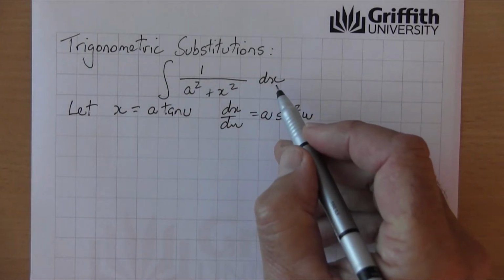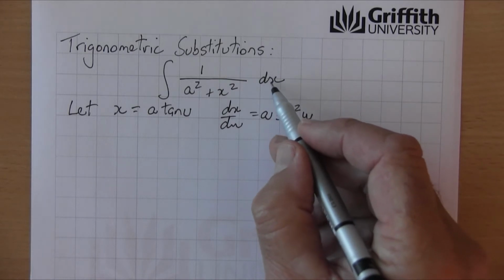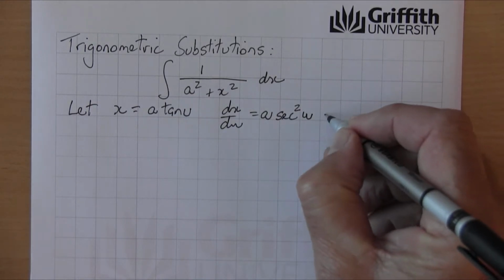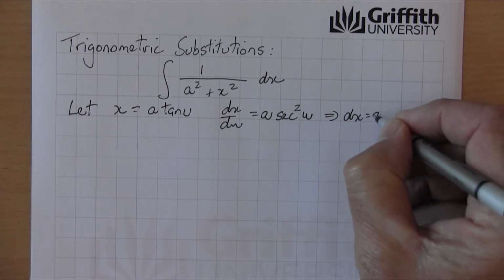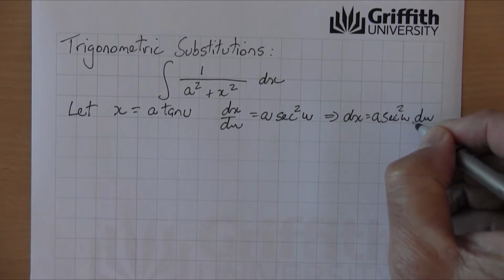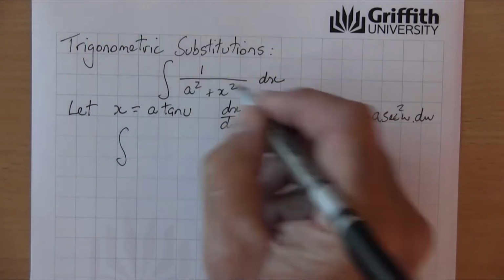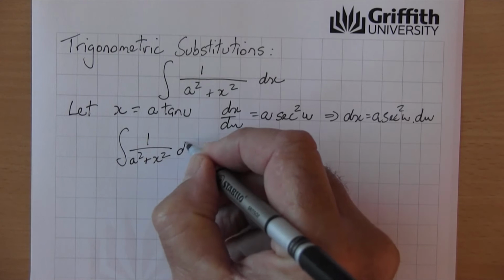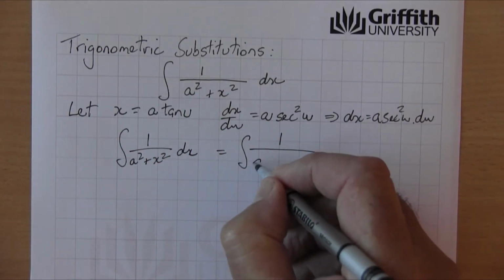And because we're going to do a substitution, we're going to have to substitute for dx, so we need to make dx the subject here. So just multiply both sides by du and we get dx equals a sec squared u du. Okay, so now we can write out the question again: the integral of 1 over a squared plus x squared dx is equal to the integral of 1 over a squared.